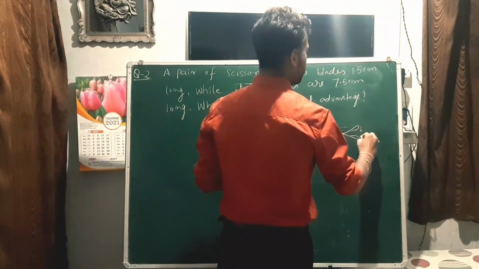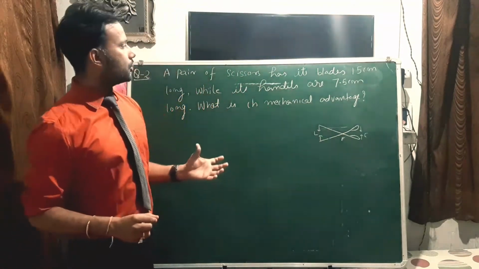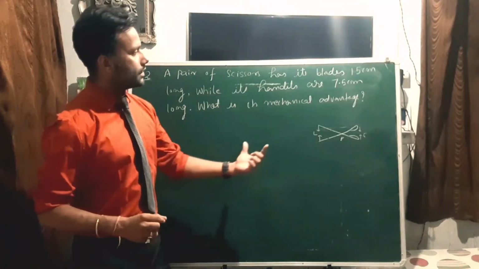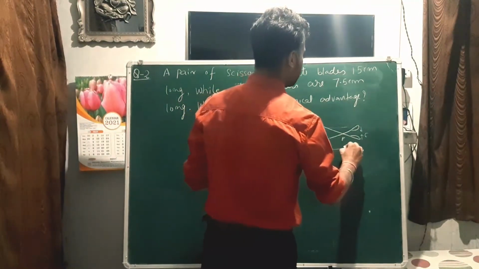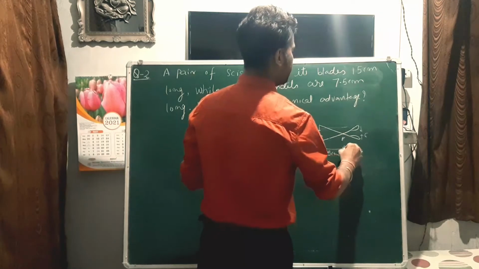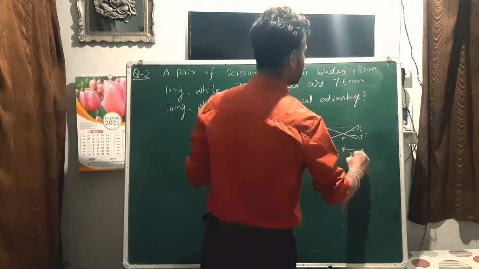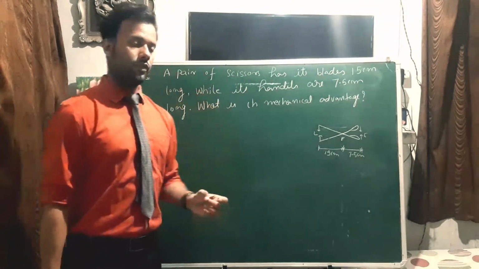So here it will be effort. Now according to the question, the blades are basically 15 centimeter long. This is 15 centimeter, and the handles are 7.5 centimeter long, right?